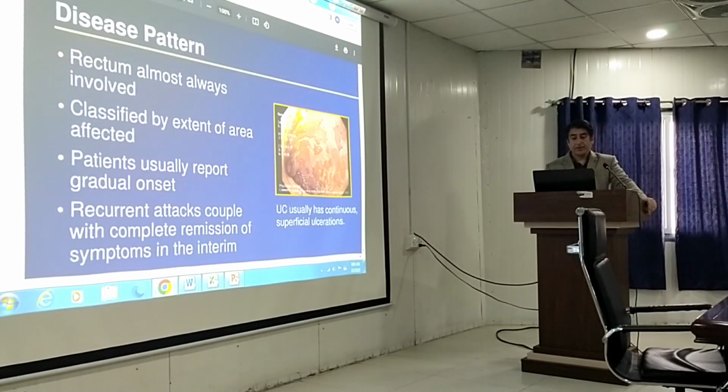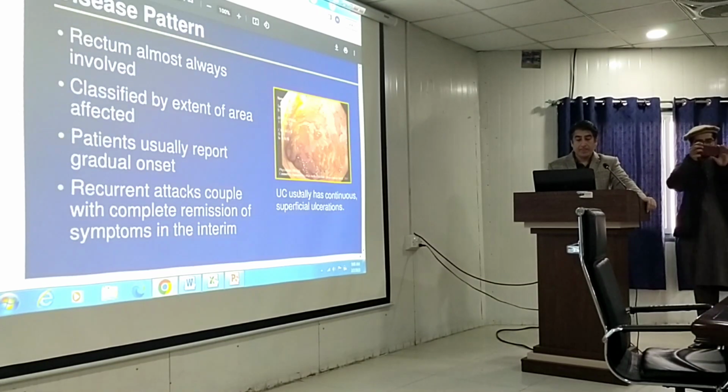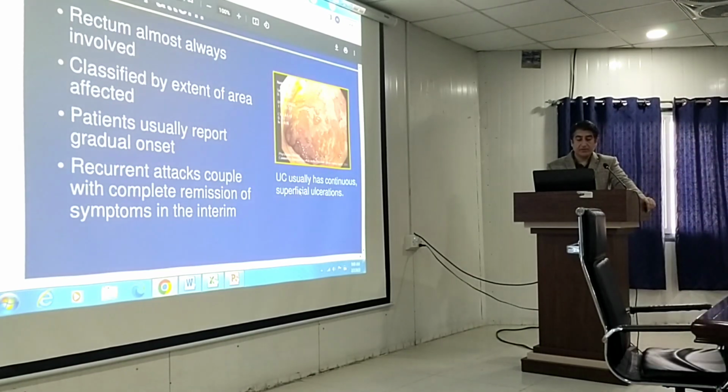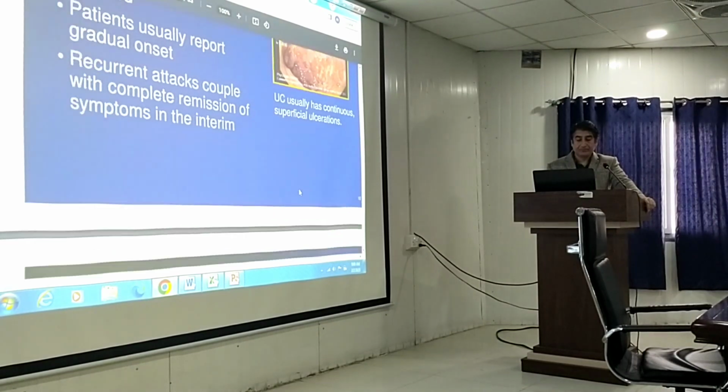Disease pattern: the rectum is almost always involved, but the latest guidelines also say that 5 to 10% of people can have rectal sparing. It is classified by the extent of area affected. Patients usually report gradual onset, with recurrent attacks coupled with complete remission of symptoms in the interim.